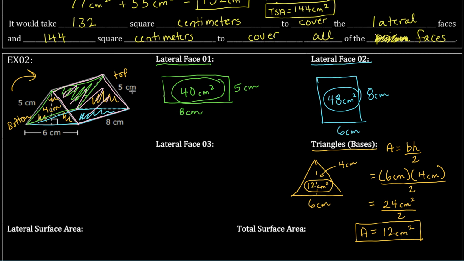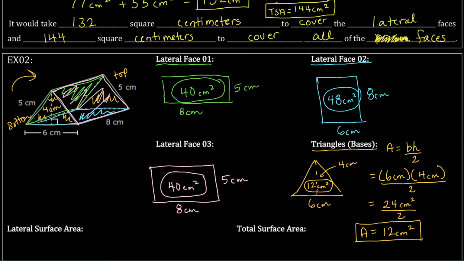And it's kind of over everything, so probably easier to show you like this. 8 centimeters is the length of the base, and 5 centimeters would be the height. You really got to take this piece off of the rest. Whenever you do this, just take each face off, so to speak. That's 40 centimeters squared, because we got base times height.